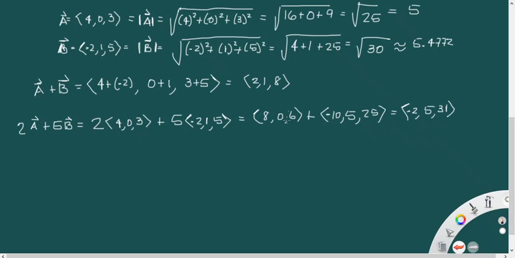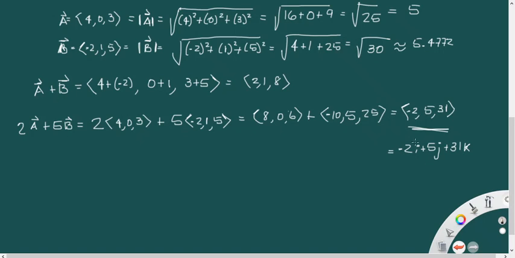Please don't forget that we can translate this result to the standard basis vectors. In this case, this will be equal to minus 2 times i plus 5 times j plus 31 times k. It's the same.